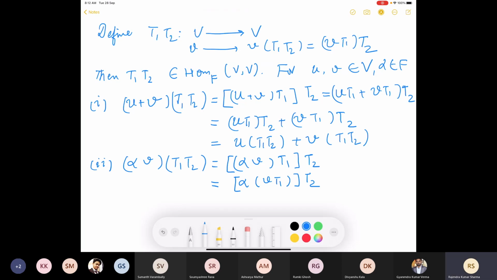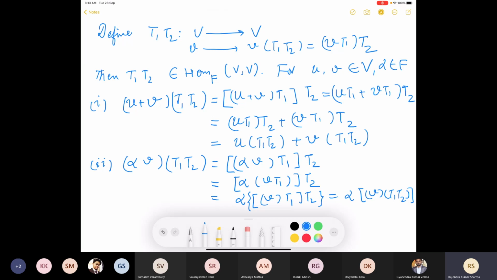Now vT1 is a vector, you can call it say u, so this is T2 of alpha u. T2 is a homomorphism and therefore this has to be alpha then uT2. And uT2 is what? It is v T1 under T2. Now the way we have defined this, it is the same as alpha times v under T1 T2. So you can see that alpha can be pulled out. So it proves therefore that T1 T2 is also a homomorphism.